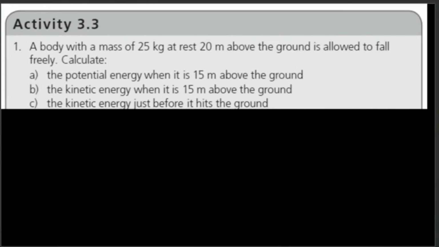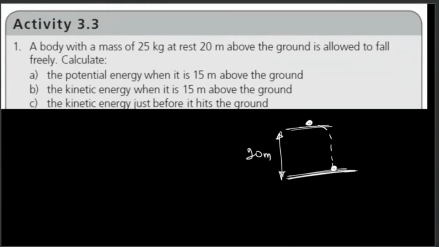The question says that a body with a mass of 25 kilograms is at rest 20 meters above the ground. Let's say this is the ground, and then let's say it is at rest at this point here, 20 meters above the ground. It's allowed to fall freely.